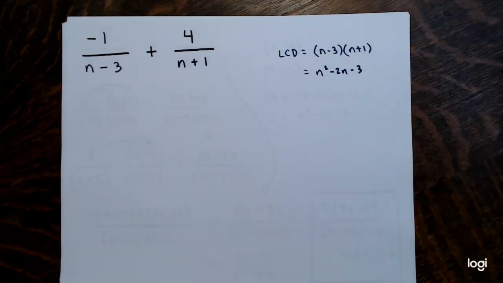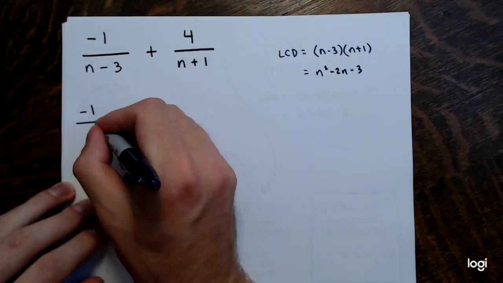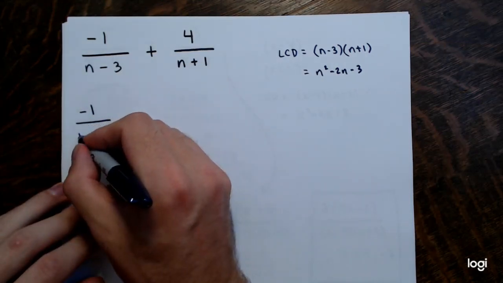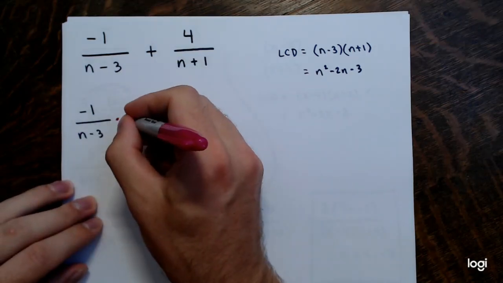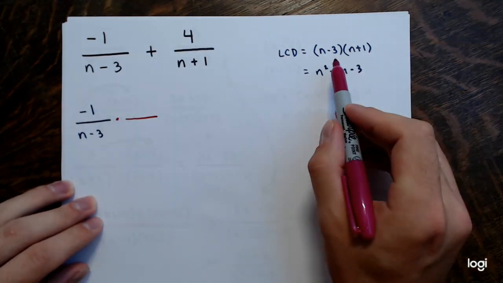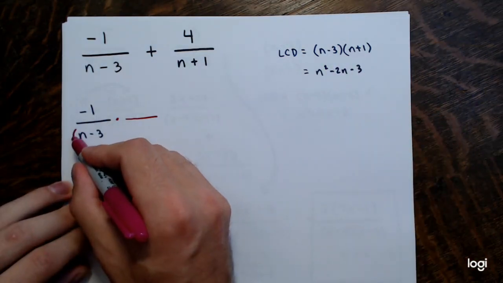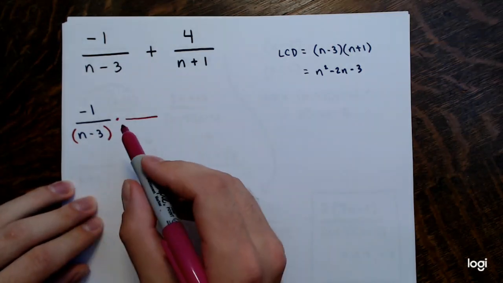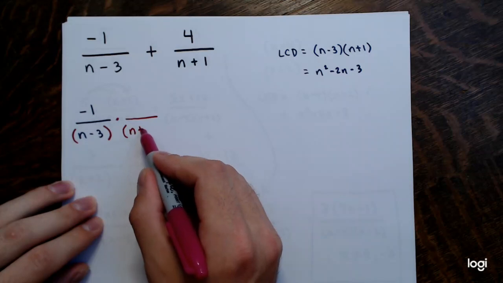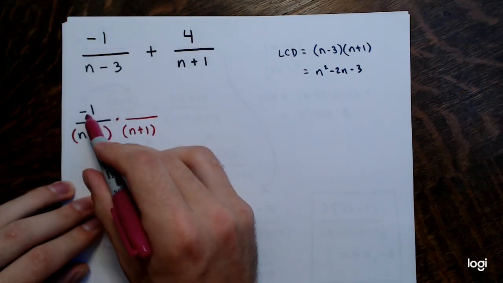Alright, so the first fraction, I have negative 1 over n minus 3. I'm going to multiply this numerator and denominator by, now the only missing factor in the denominator there would be n plus 1. And again, I'm going to put this in parentheses because it has multiple terms. I'm multiplying this whole thing by the quantity n plus 1. And same thing up here. Now this has one term, so I'm not going to put it in parentheses.